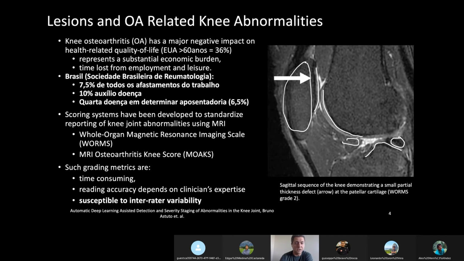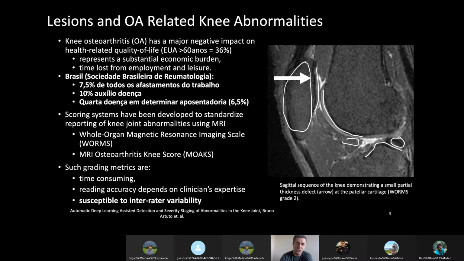In order to assess the extent of this disease in the knee, researchers have developed what they call quantitative or semi-quantitative scoring systems.